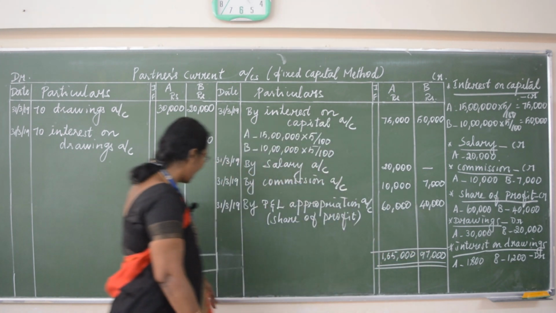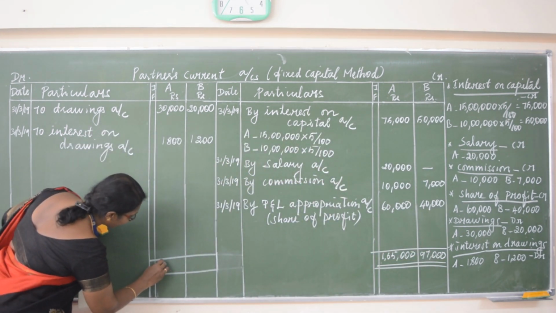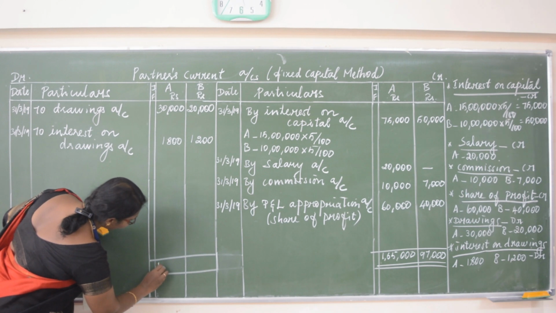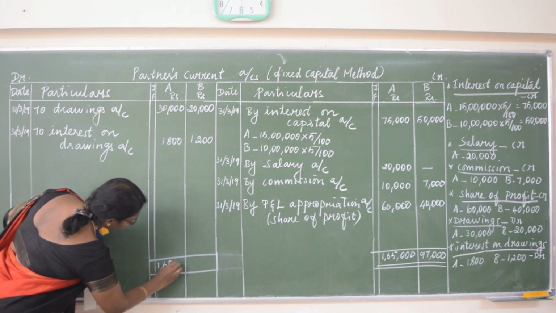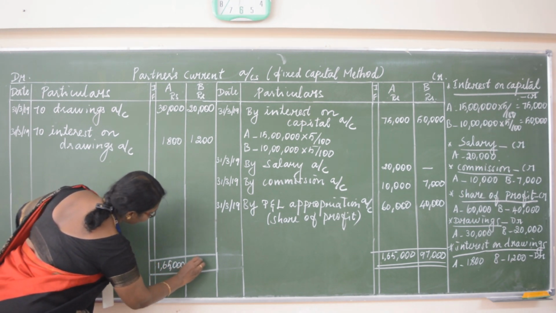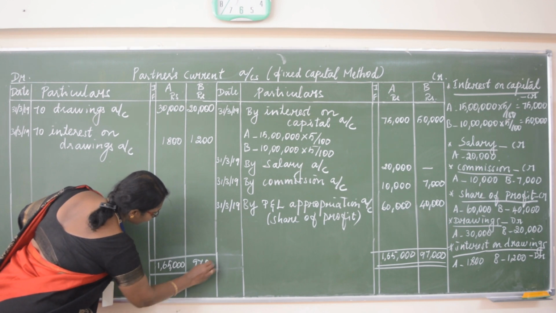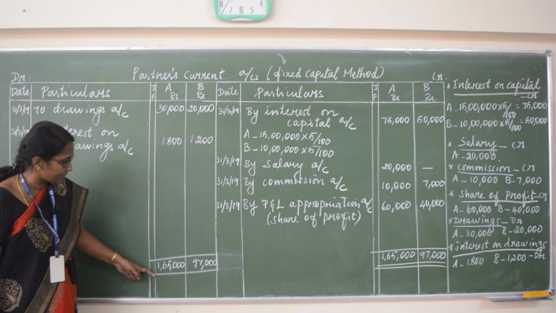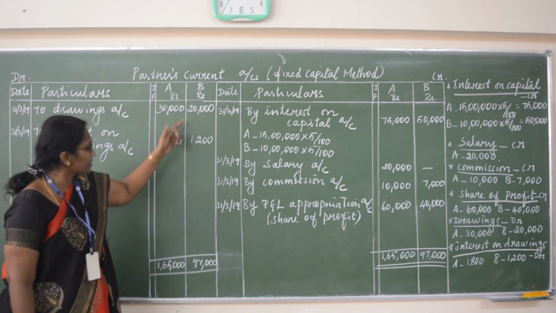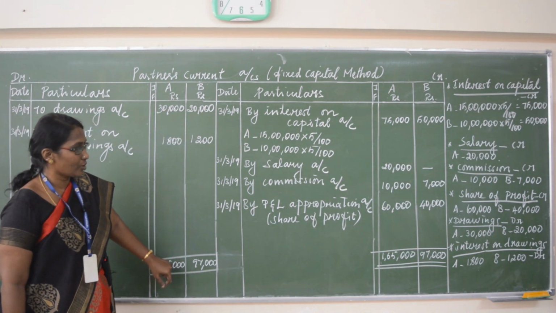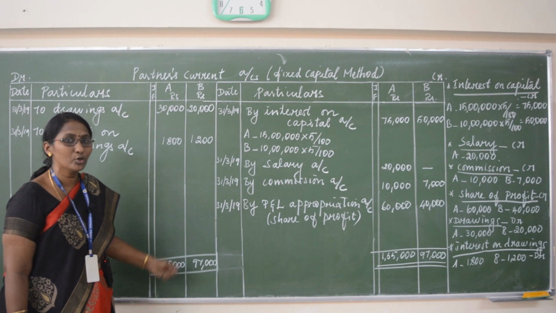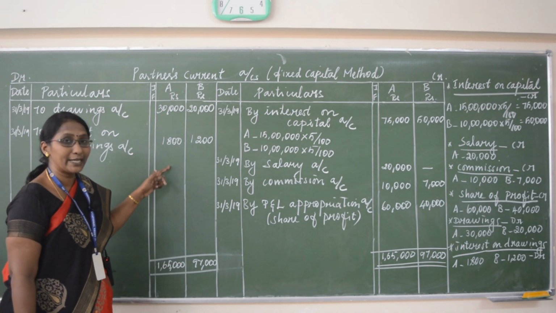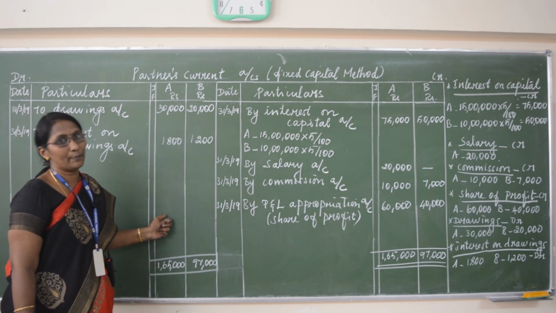The same total I write here in debit side, 1,65,000, and here 97,000. So for A it is 1,65,000, for B it is 97,000. From this total what do we have to do? We have to deduct these two items to get what? Balance.